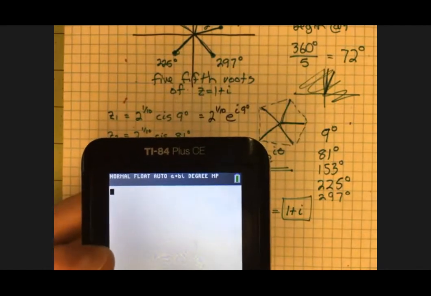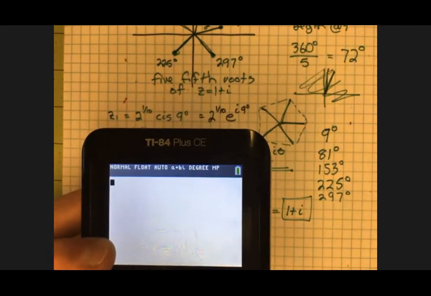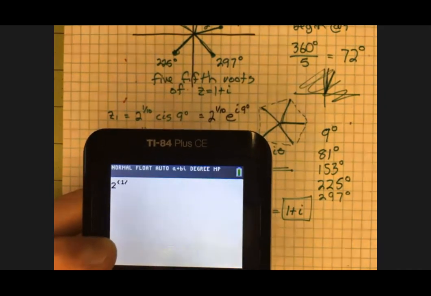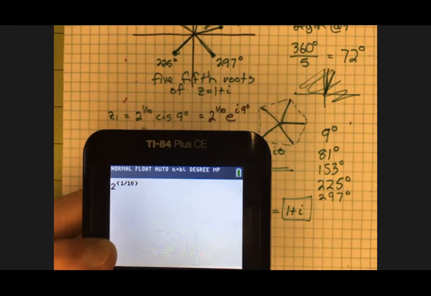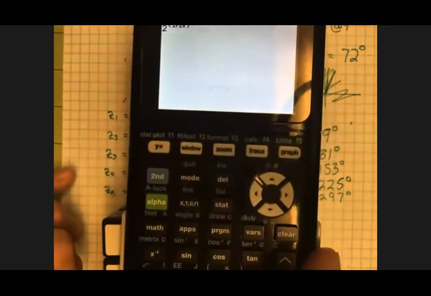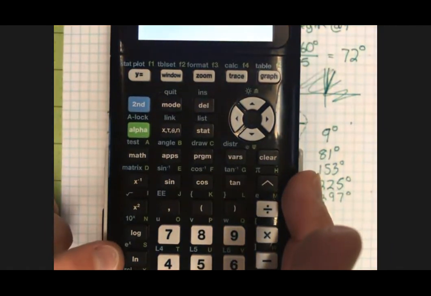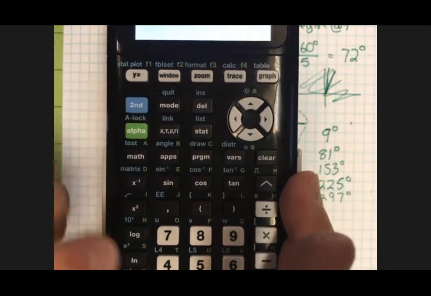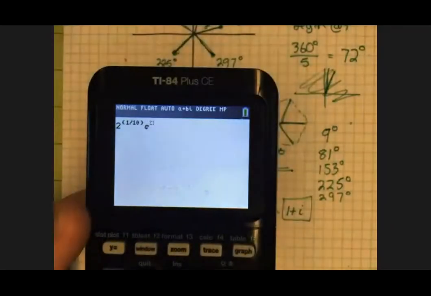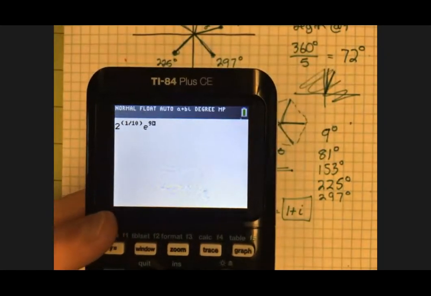And type, can't show you the keyboard at the same time. 2 to the power 1/10 times e, it's right here on your keyboard, down here, left of the 7, it belongs to the ln button, the natural log button. So e to the power, and then you say 9 degrees times i.